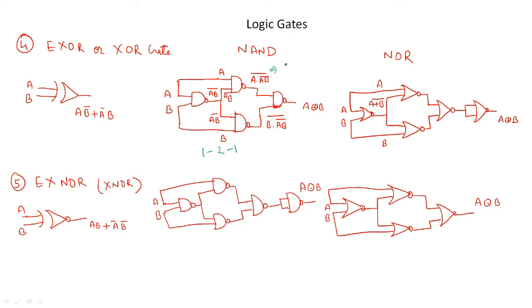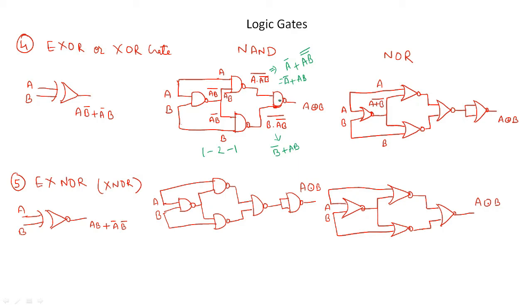So it will be equal to A bar plus AB double bar, or it will be equal to A bar plus AB. Similarly, this value will be equal to B bar plus AB.